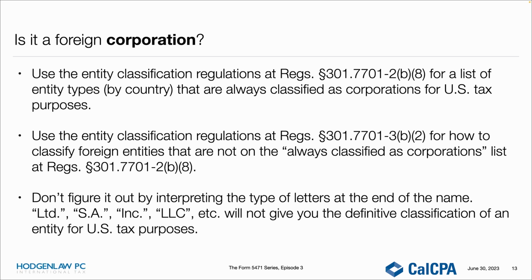And if you see that all of the owners have limited liability, the default classification of this entity is that it's going to be a corporation for US income tax purposes. You can make a check the box election to make it something else, but it's going to be by default a corporation. And therefore, until proven otherwise, you've got a 5471 problem on your hands, or at least potentially.